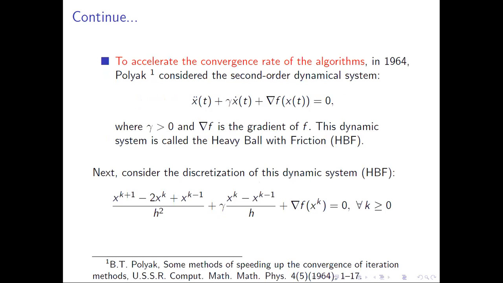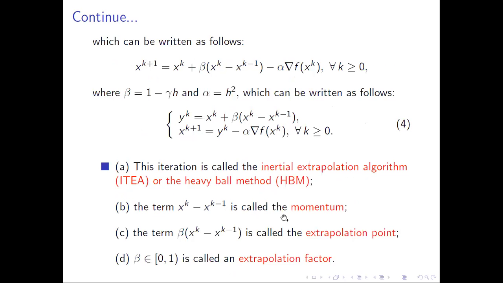To accelerate the convergence rate of the algorithm, in 1964, Polyak considered a second order dynamical system, which is defined this way, and using the discretization process, he converted it into a numerical procedure to calculate the solution of the above differential equation in the following sense, which can further be written in the form of equation number 4.